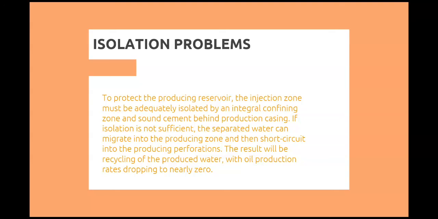This can create problems as we want to produce pure oil without any addition of water that can cause problems when we treat and produce the oil and gas. The result will be recycling of produced water with oil production rates dropping to nearly zero because the water will overwhelm the production of oil and gas.